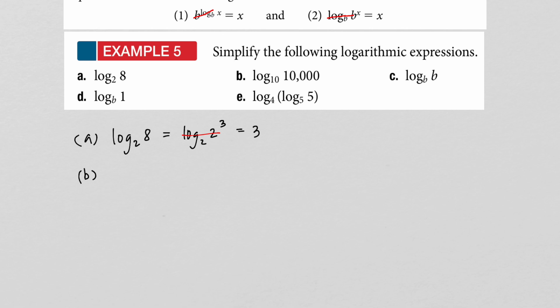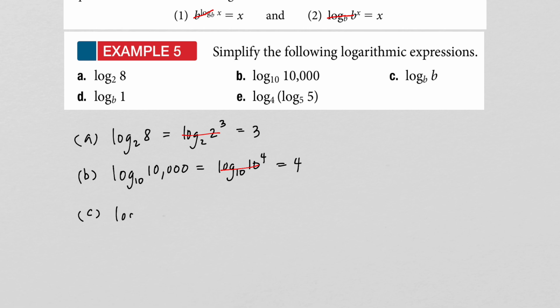Same thing for part B. Here we have log base 10 of 10,000. Let's rewrite 10,000 as 10 to the fourth power. And see, now I have log base 10 of 10 to the fourth power. And so log base 10 of 10 cancels out, and we just get 4.